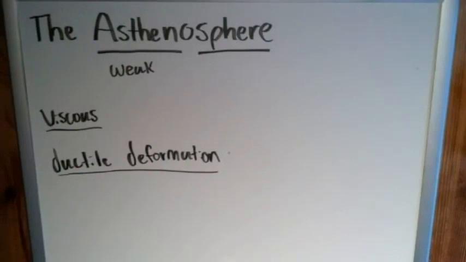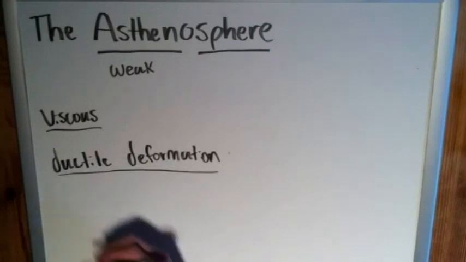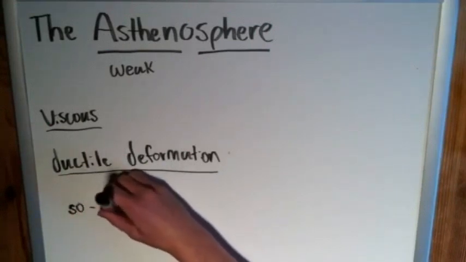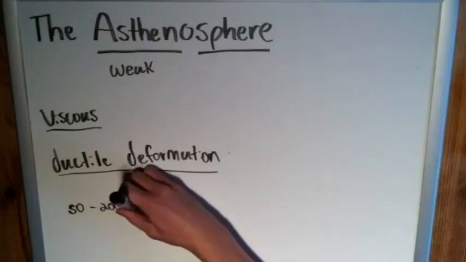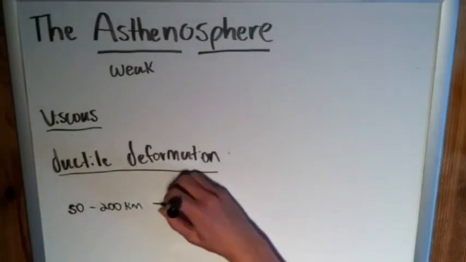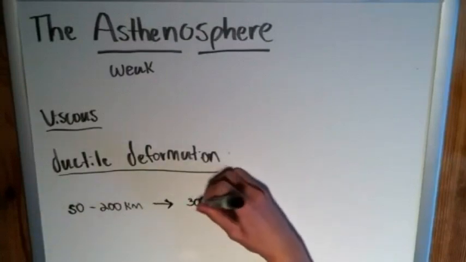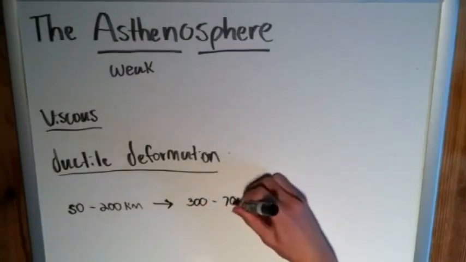Now, in terms of thickness, the asthenosphere is generally between where the lithosphere ends, which, averaging it a bit, is anywhere between 50 and 200 kilometers of depth, through anywhere between 300 and 700 kilometers, right?